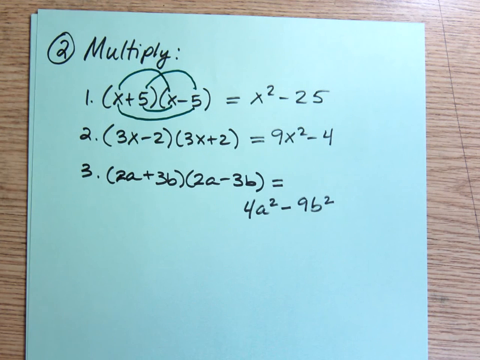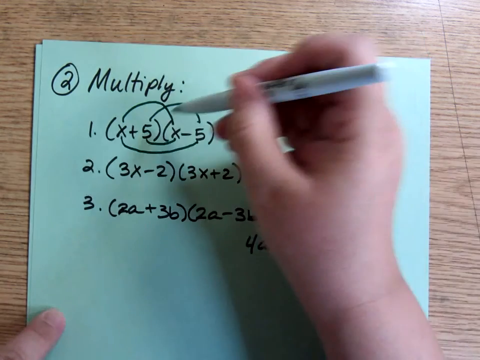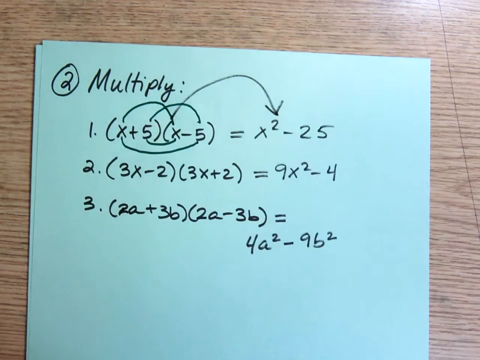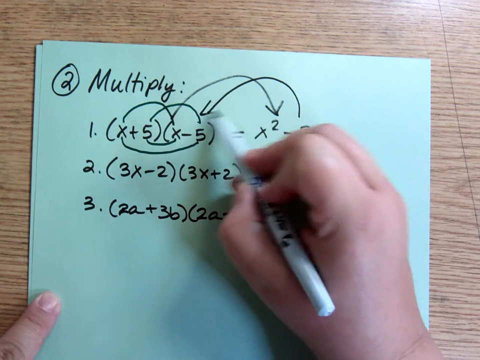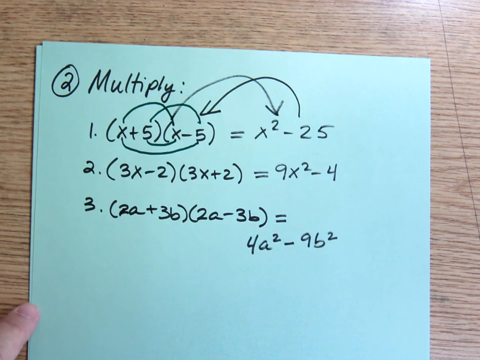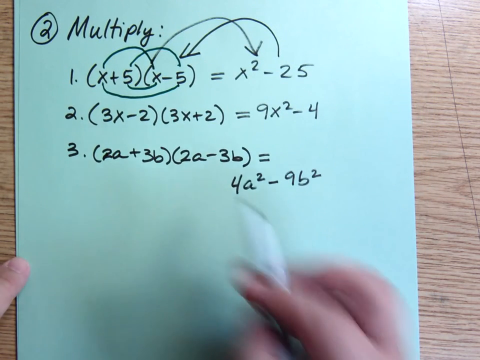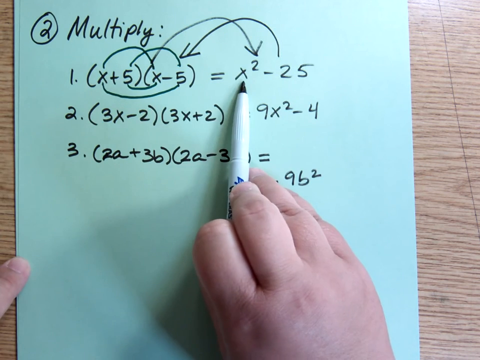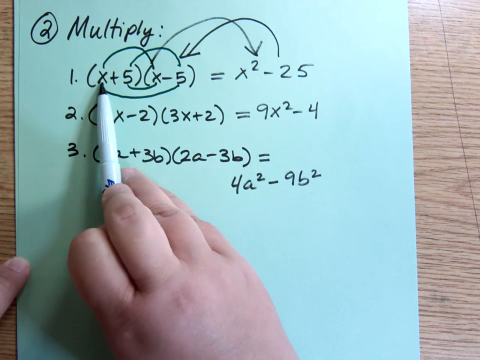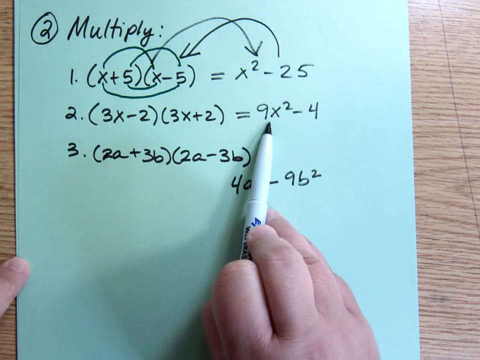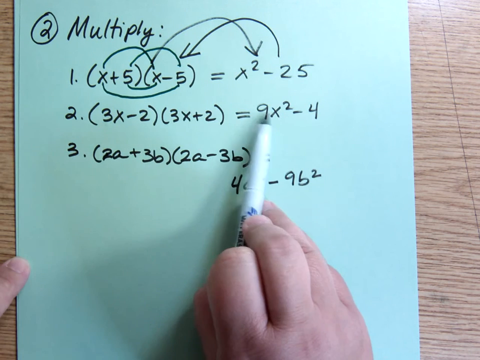And as we have been doing here, the reason we're multiplying, going from here to here, is so that we can look at it again in the context of factoring and go from here to here. So these all fit a certain pattern. This is the square of something, in this case x times x. This is the square of 3x, 3x times 3x.